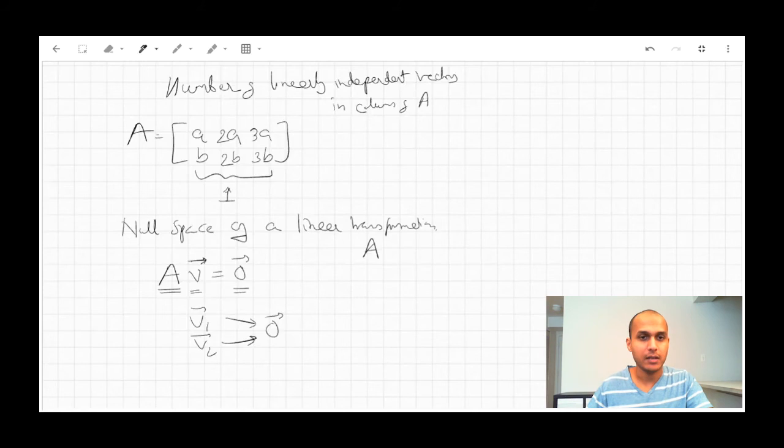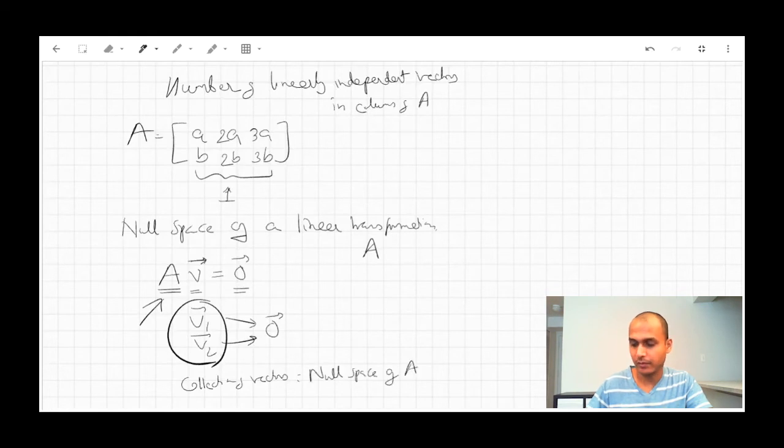It could happen. Or maybe there's only one vector which maps to 0. So this collection of vectors that map to 0 because of the operation of this linear transformation A is called the null space of A.